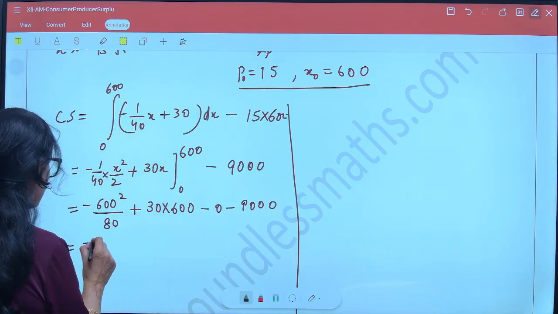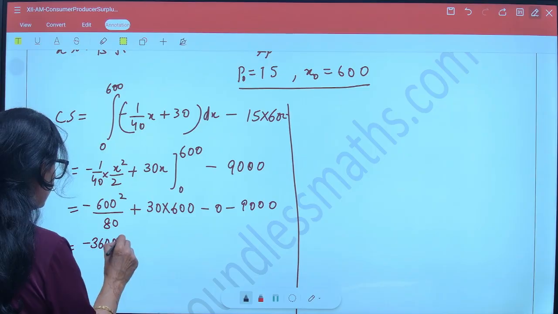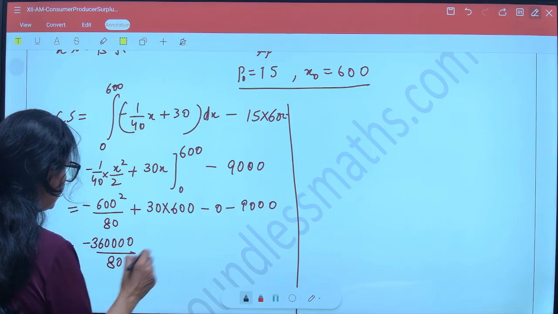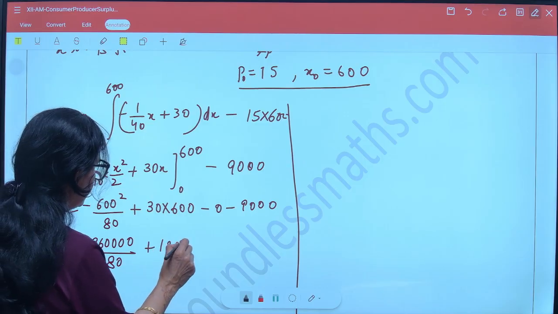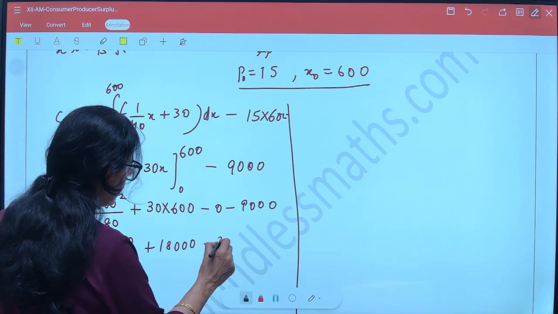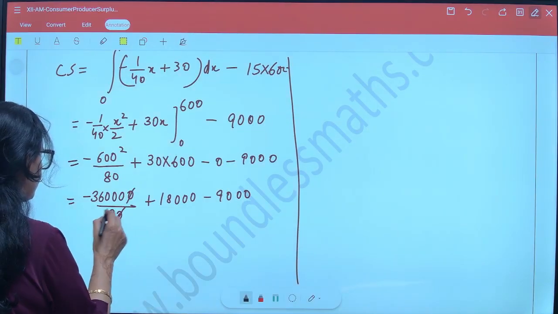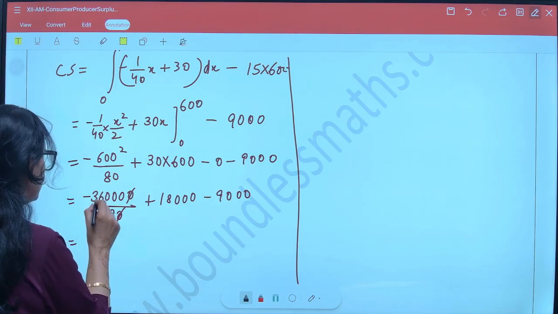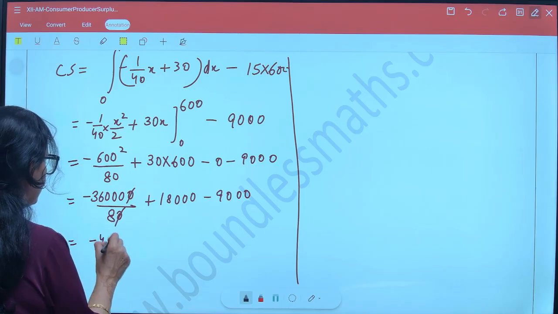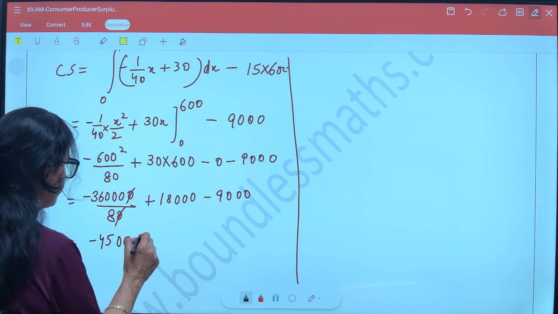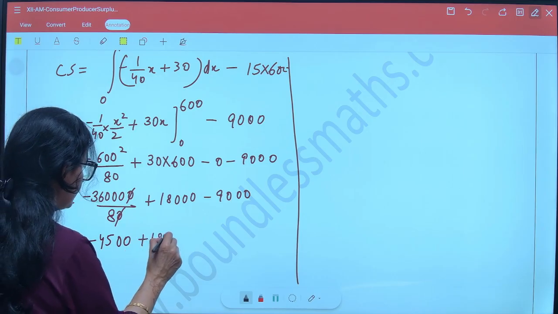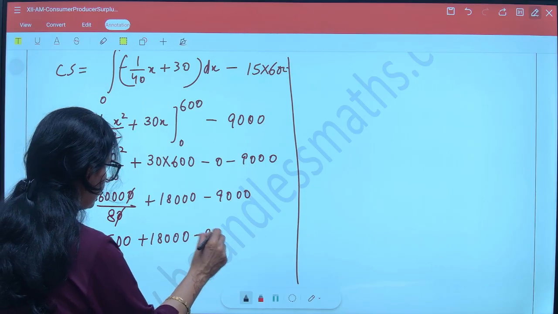Now 600 square is 360000 upon 80 plus 6 3s are 18, 18,000 minus 9,000. So this comes out to be 8 4s are 32, 8 5s are 40, 4,500 plus 18,000 minus 9,000.